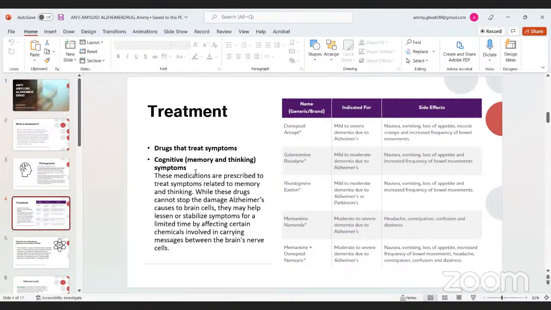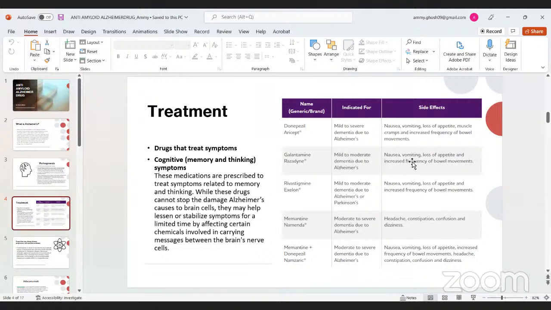For example, donepezil is used in mild to severe dementia due to Alzheimer's. The side effects are nausea, vomiting, loss of appetite, muscle cramps, and increased bowel movements. Galantamine, or Razadyne, is used in mild to moderate dementia due to Alzheimer's, with similar side effects.